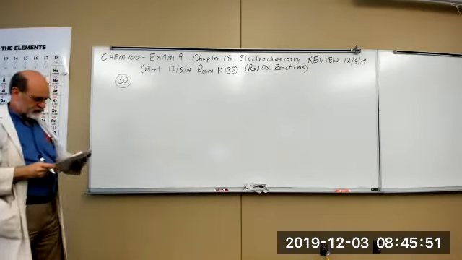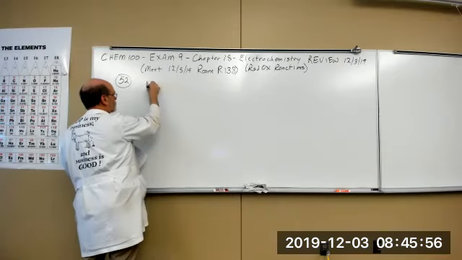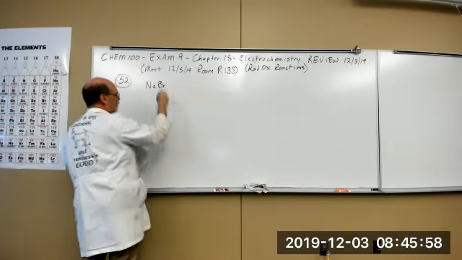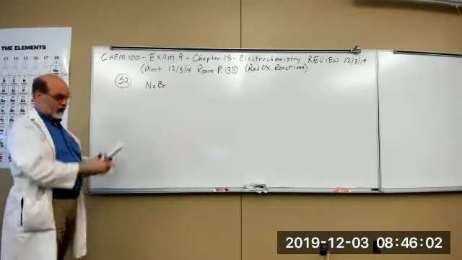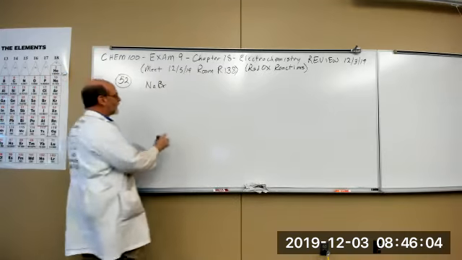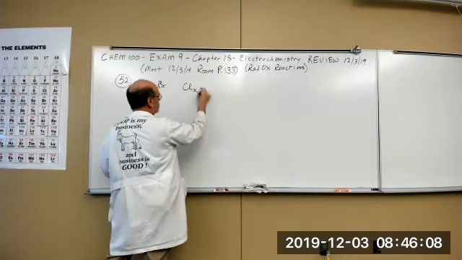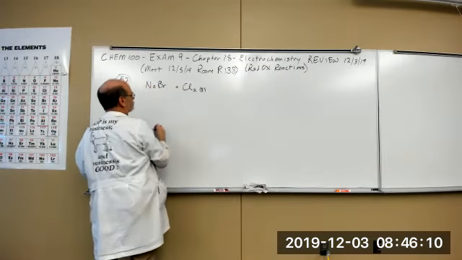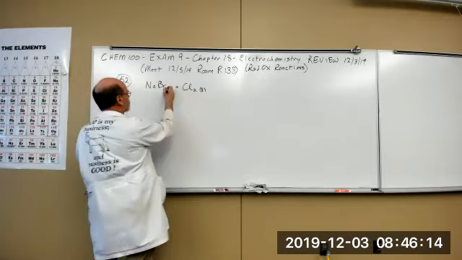All right, 52 says, for the reaction of sodium bromide, you've got to know how to write the compound, with chlorine gas, diatomic. It doesn't say solution, so this is probably a solid.